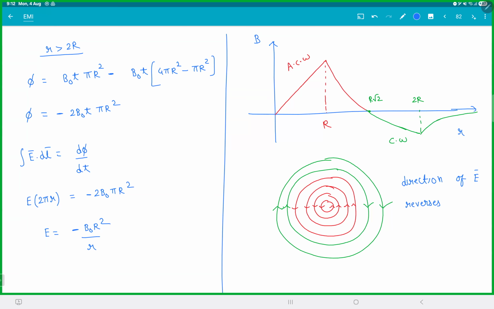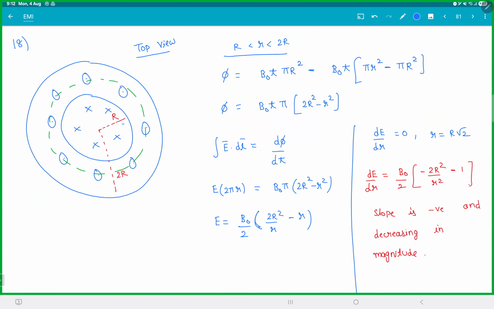Wait, I think I did some mistake. dE by dr is 0, no? That should be maxima actually. If I substitute r here, what am I getting? I'll get the previous value. If I put r root 2, what do I get?